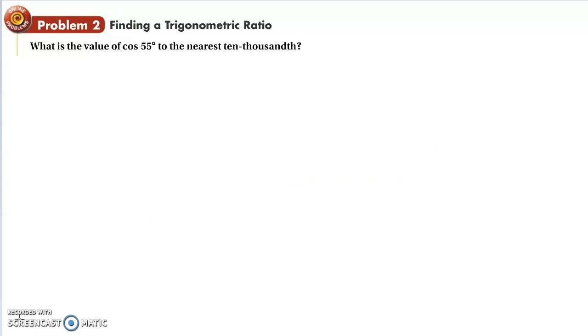Now let's look at one of the easiest problems that you might encounter all year, and this problem requires you to use a calculator. What is the value of cosine 55 degrees to the nearest 10,000th? So all they want you to do is, using a calculator, type in cosine 55 into your calculator.